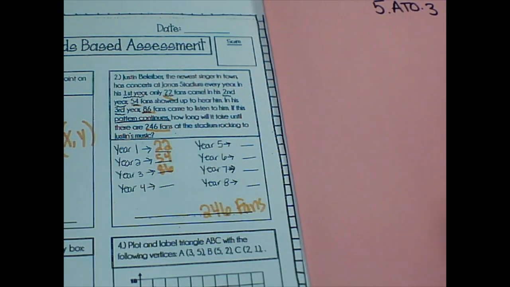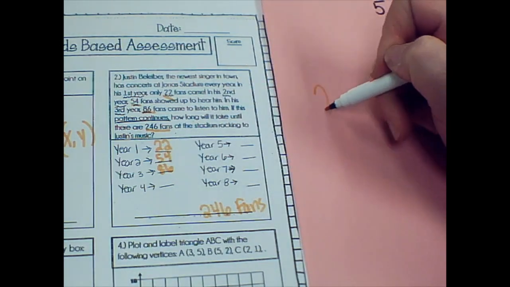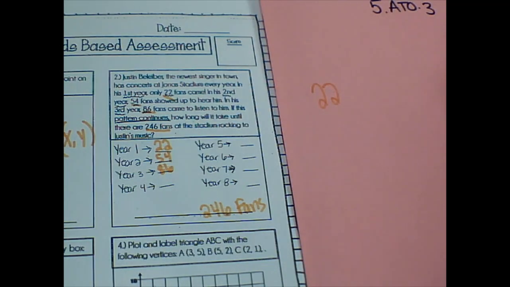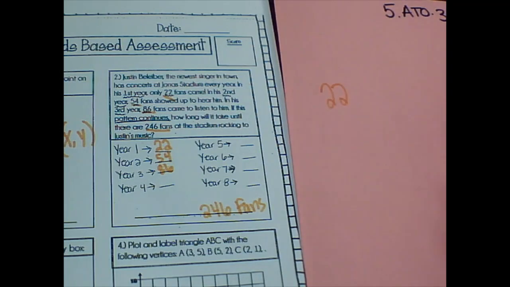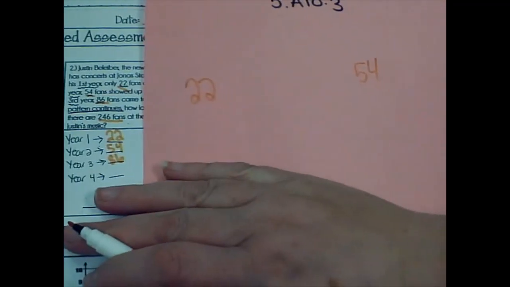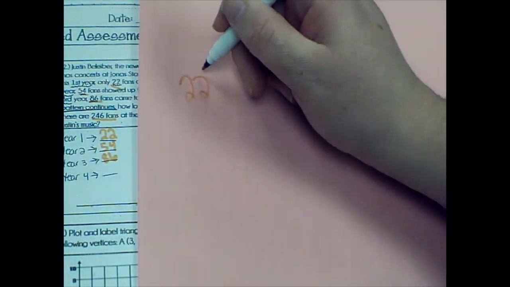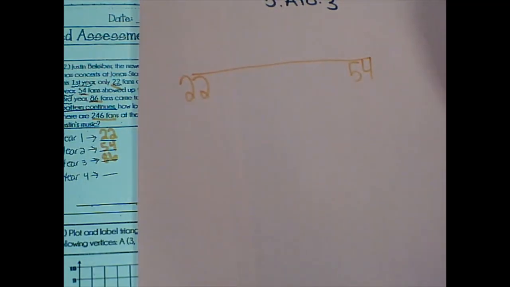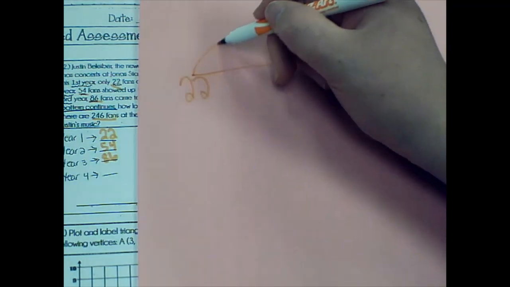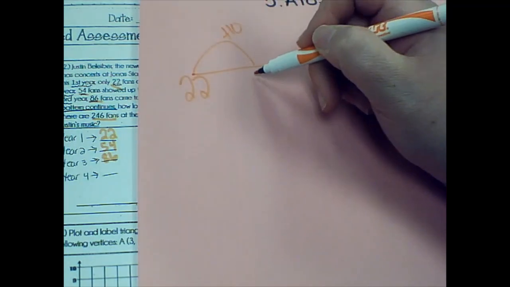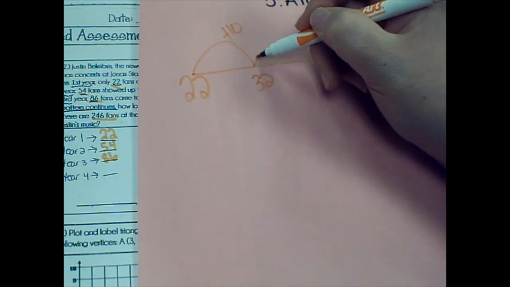Well, if I want to figure that out, I can do 22, and I can see how long it takes me to get to 54. I can do it that way. So this is called get to. It's just another way. It's basically reverse subtraction. So you're actually adding. If I do plus 10, I'm going to get 32.